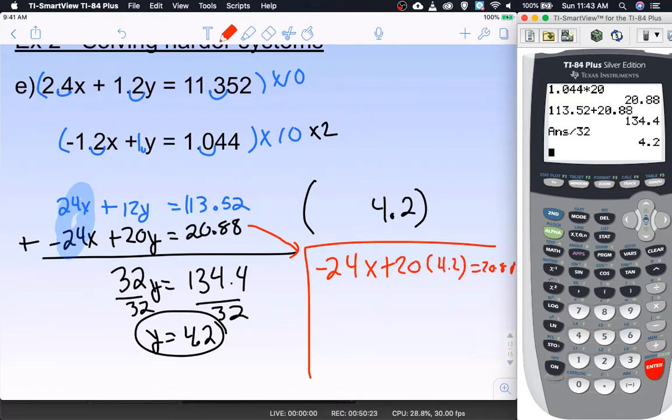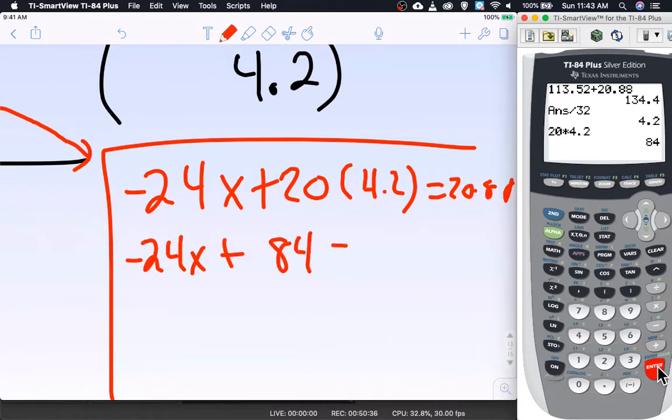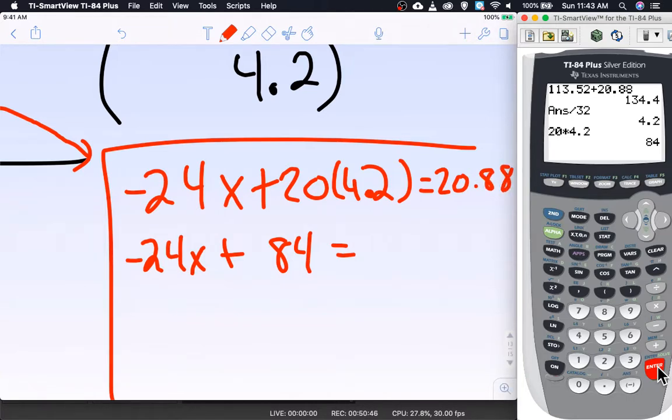I'm squeezing it in there. So that gives me negative 24x plus 20 times 4.2 is 84 equals, I'll make them a little prettier. There you go. Equals 20.88. I subtract 84 on both sides.